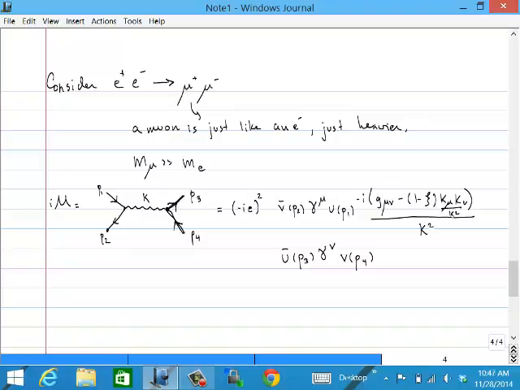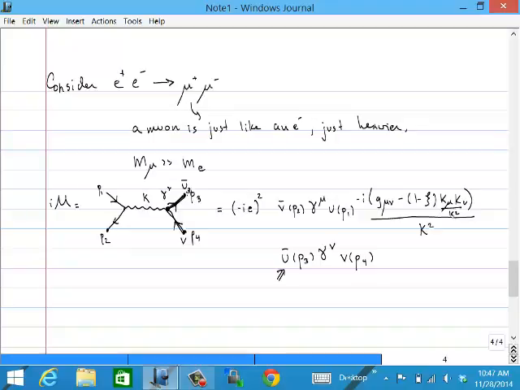So for example, the way that I wrote down this expression here, I started with the P3 guy here and wrote down the U bar associated with that. And then I had a gamma nu from that guy, and then I had a V coming from this guy. I could have also started here and gotten a V bar gamma nu U, okay?